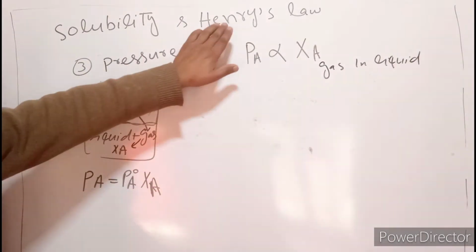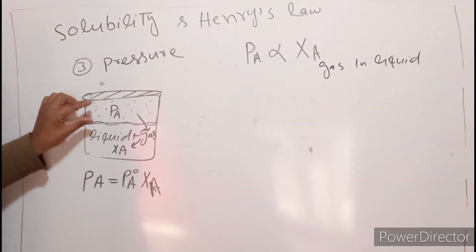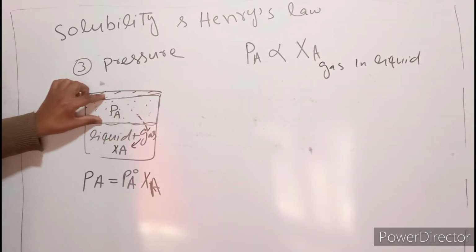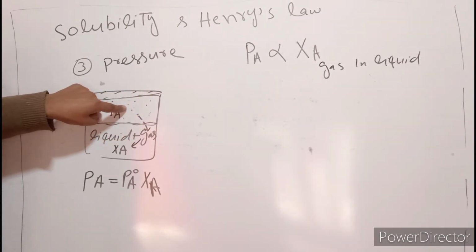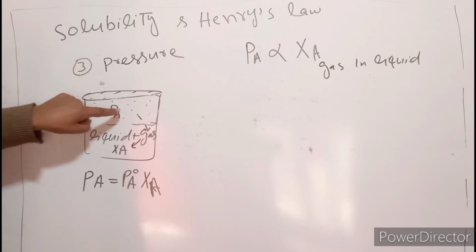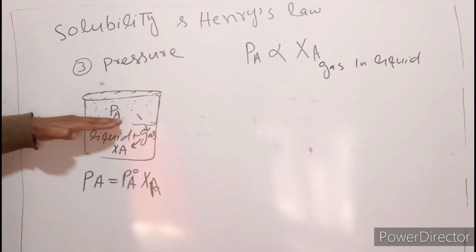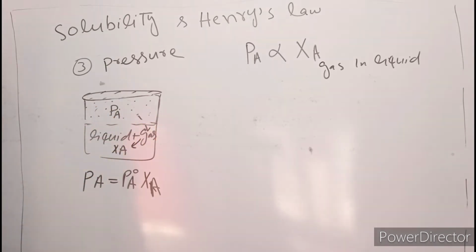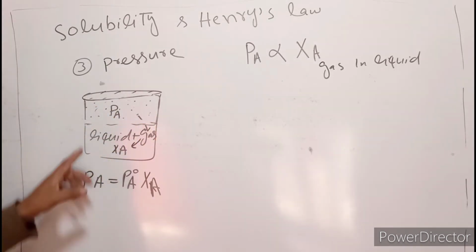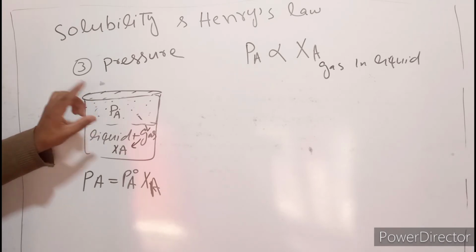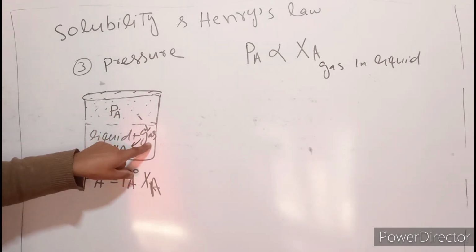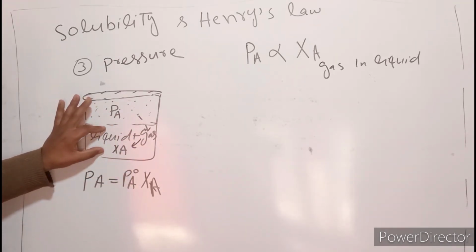Again, according to Henry, the partial vapor pressure of the gas upon the liquid surface is directly related to the mole fraction of the gas which is present in this liquid.